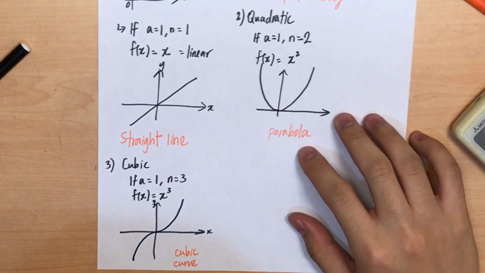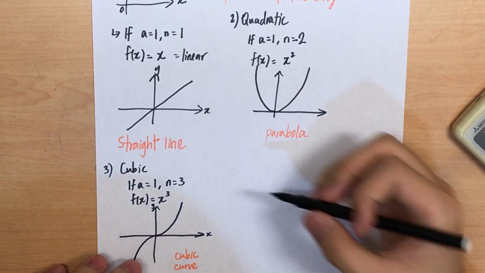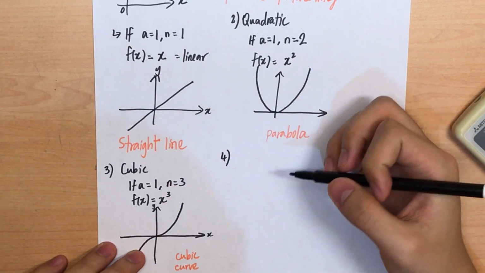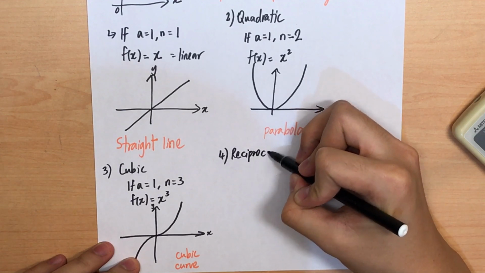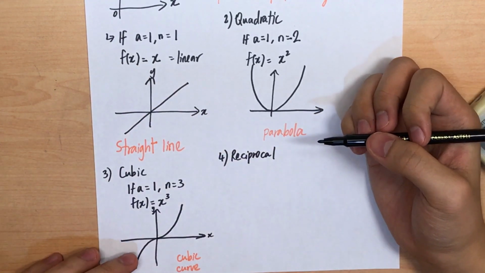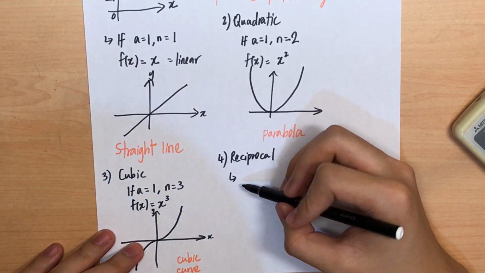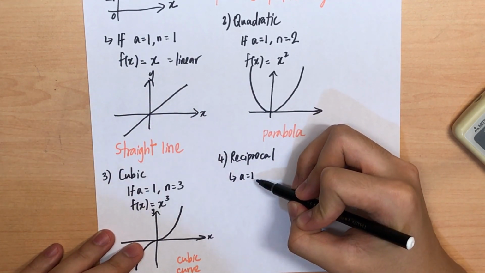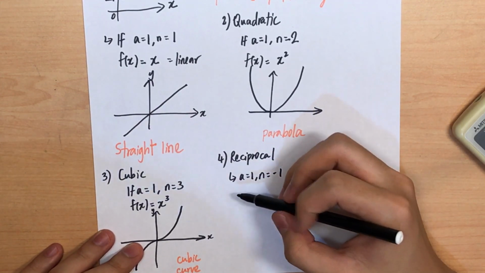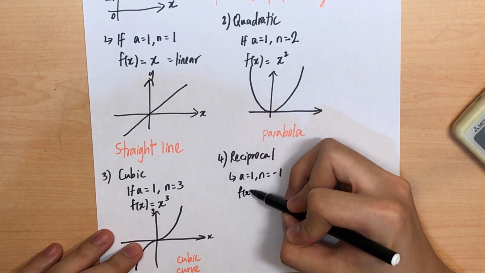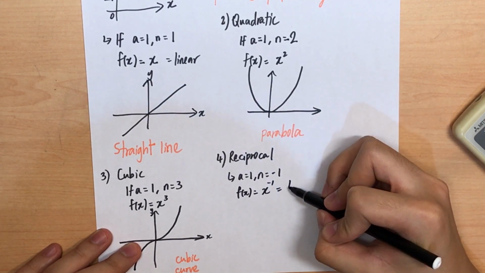The fourth type of graph is called the reciprocal. There are two types. First is when a is 1 and n is -1. You have f(x) equals x to the power of -1, or you can say it's 1 over x.